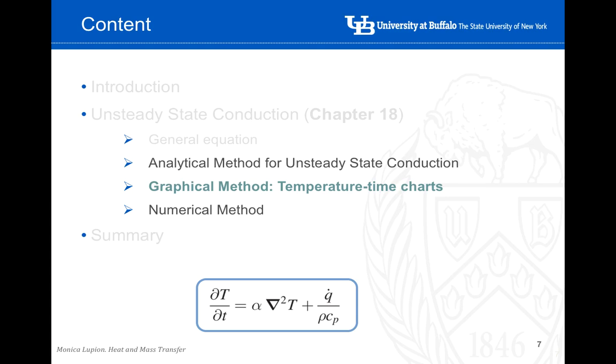When we have both internal and surface resistances, the problem gets more and more complex. So is there anything we can do to avoid all these mathematical tools and all these calculations? One option is the graphical method.